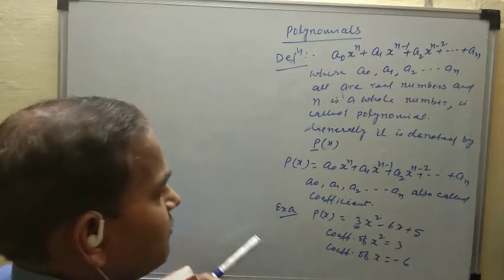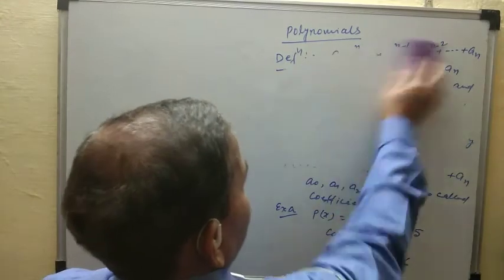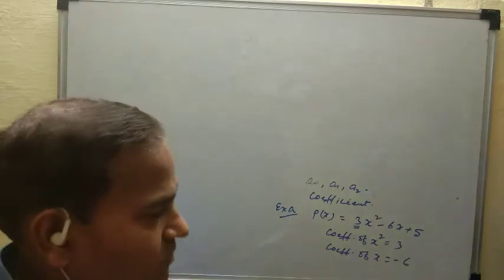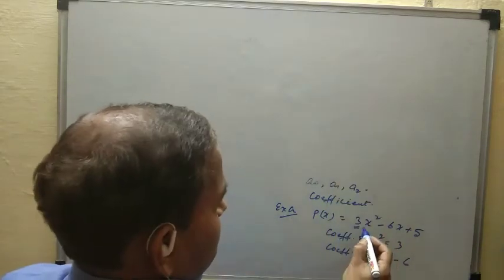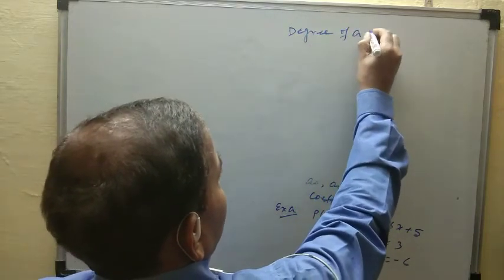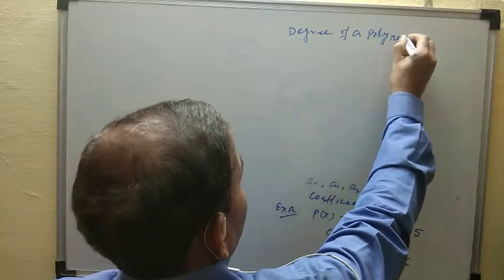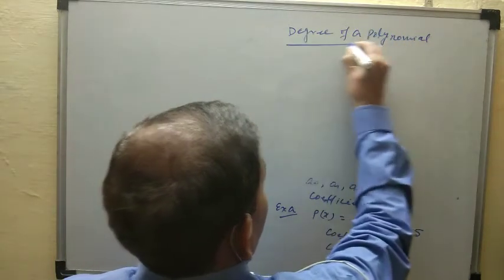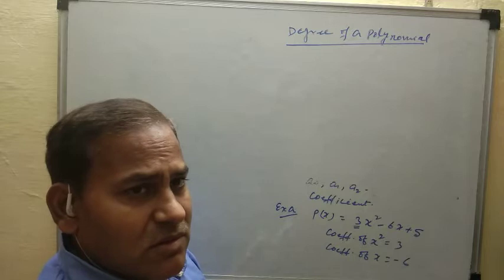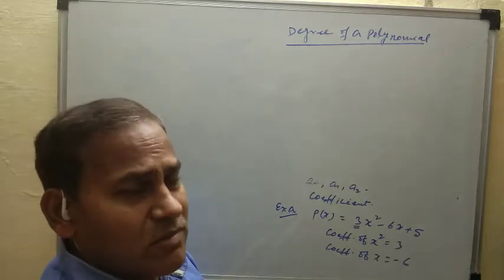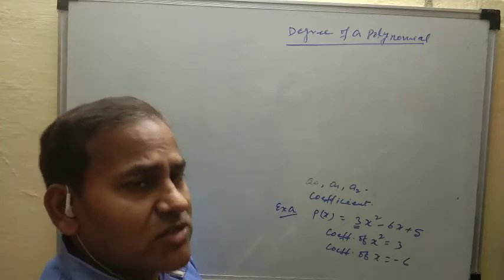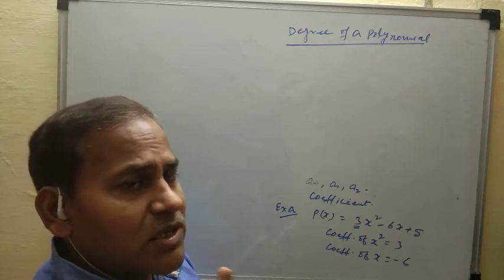Next, write degree of a polynomial. Degree of a polynomial: degree means the power of the variable term, the maximum power of the variable term whose coefficient is non-zero, is called the degree of that polynomial.